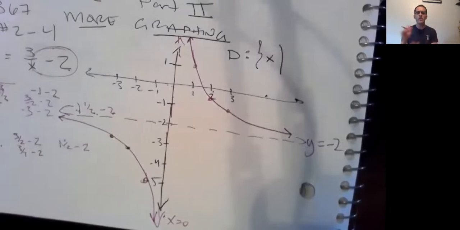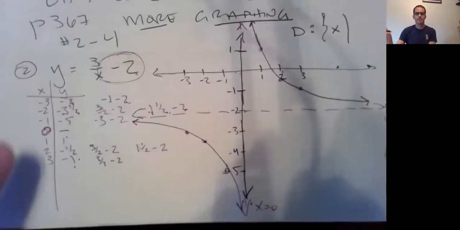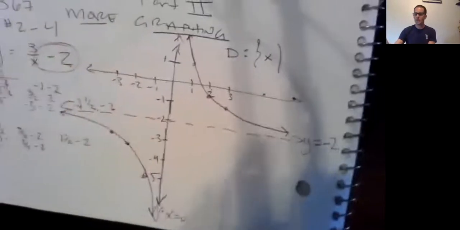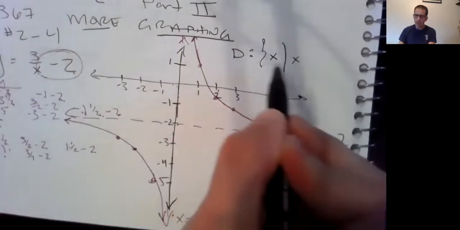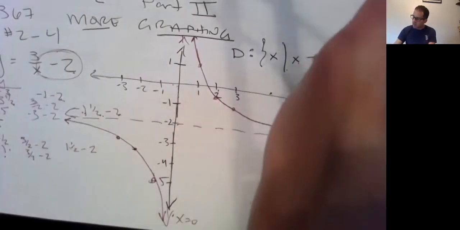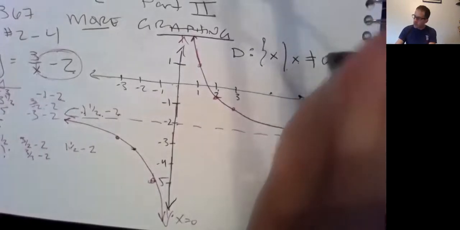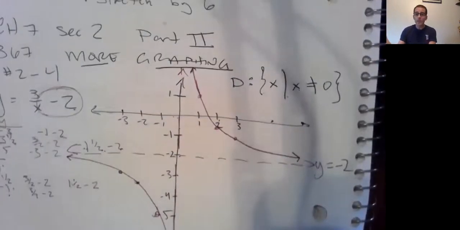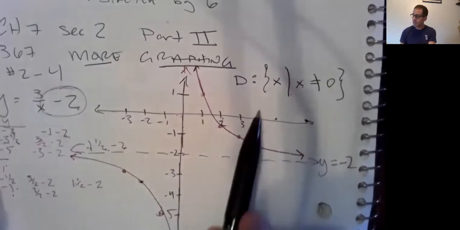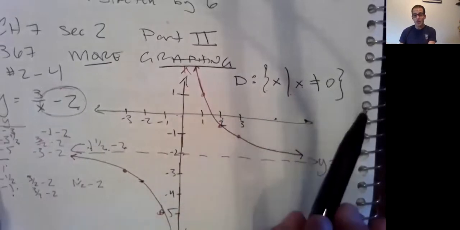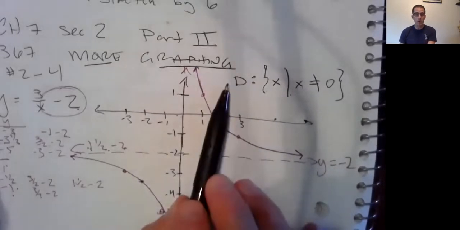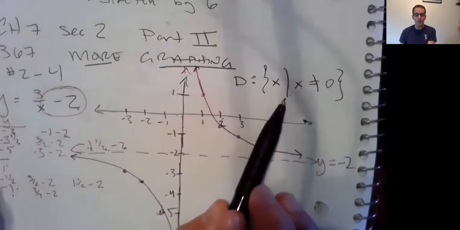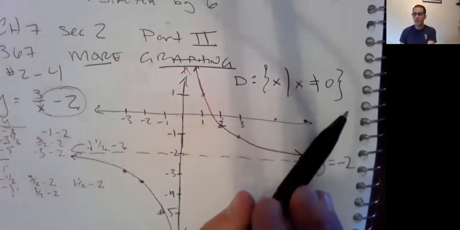You can plug everything in there except what one number can you not plug in? You can't plug in 0. So the domain can be any x's such that x does not equal 0. Some people say all real numbers except 0, but this is the Algebra 2 way of writing it out. Curly brace, x, because we're talking about x's when we talk about domain, such that, x doesn't equal 0, curly brace.